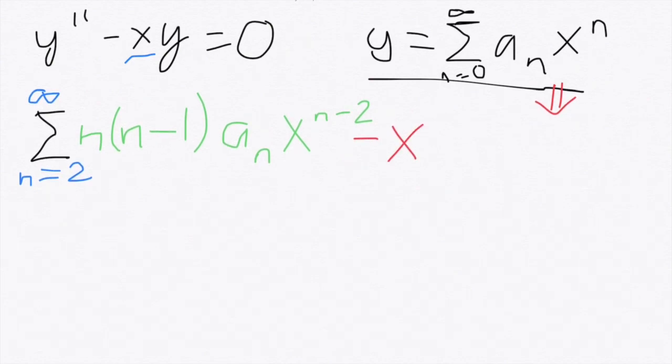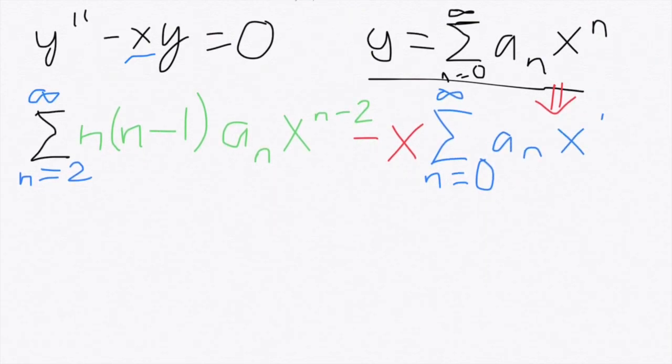and we get minus x times this series, which is the sum from 0 to infinity of a_n times x^n. To make things easier, we're going to multiply this x into our series.